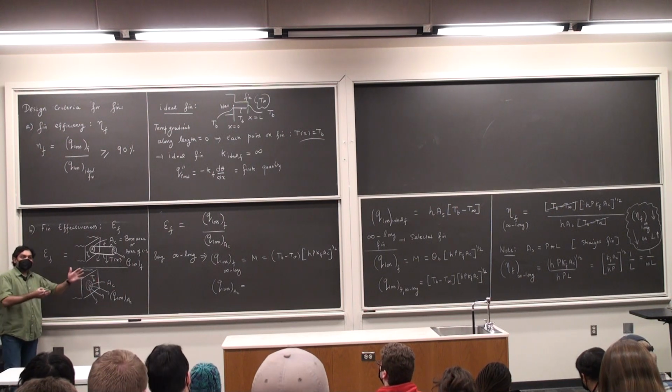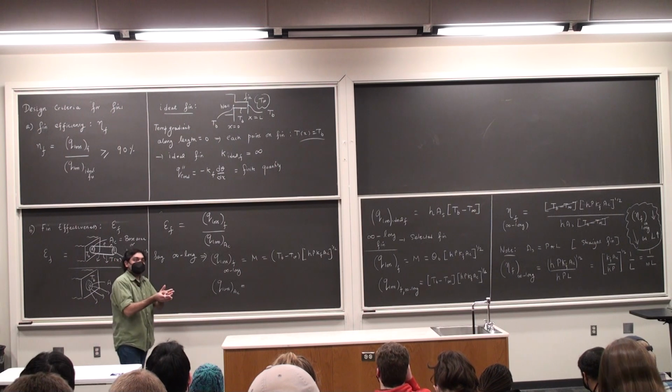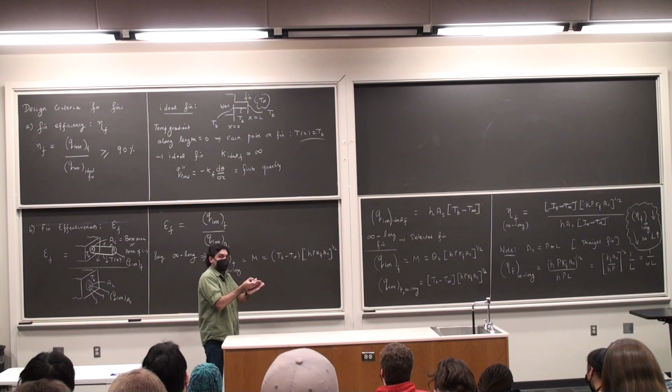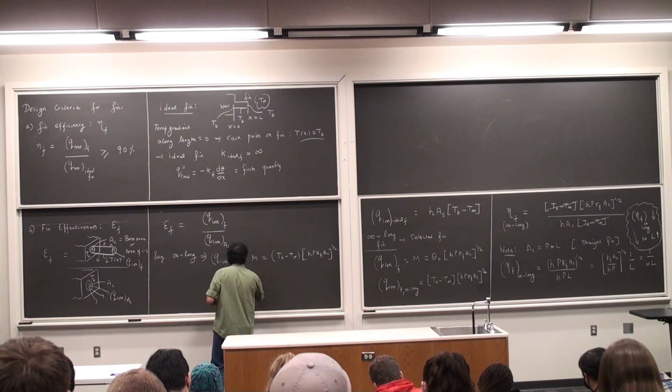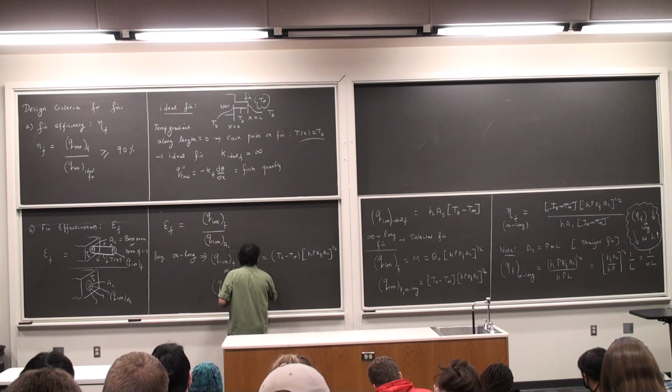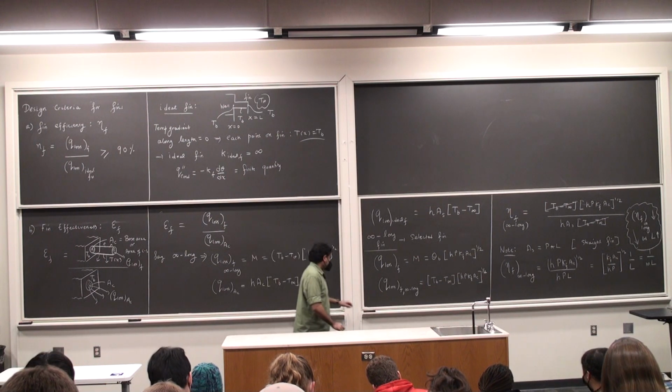And so that's going to be H times the cross-sectional area times the temperature difference between the base and the ambient. So this is going to be H AC TB minus T infinity.